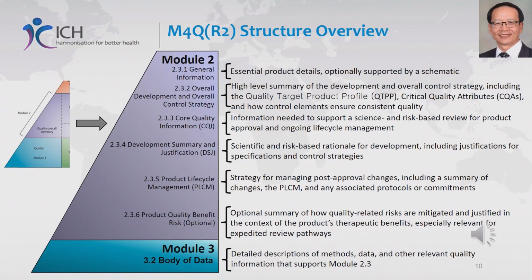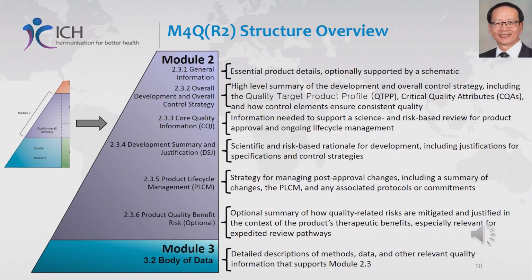Development summary and justification tells the story of how you got to your final product and process, including scientific rationale for key decision making and end-user product development. Section 2.3.5, Product Lifecycle Management, provides a framework for managing changes throughout the product lifecycle, including the change summary, lifecycle management documents, and the change management protocol.